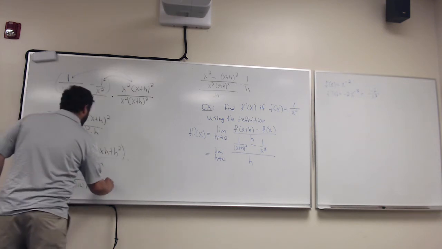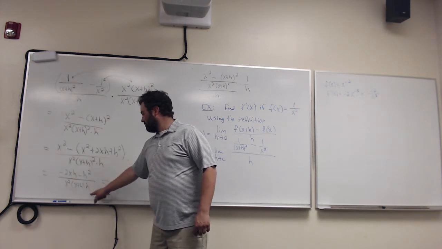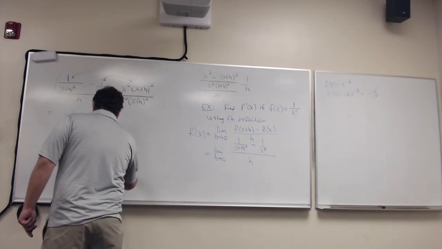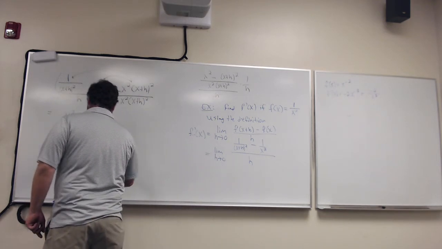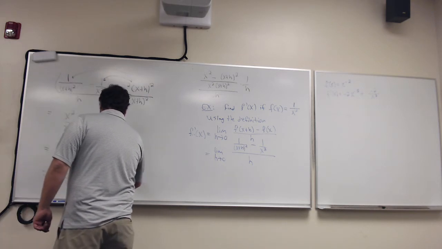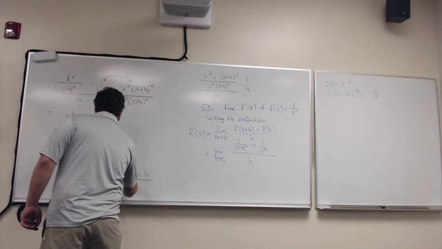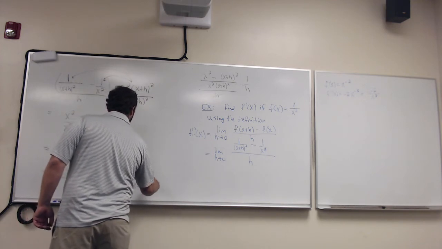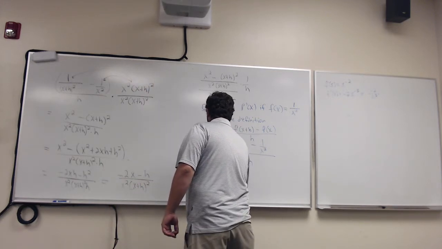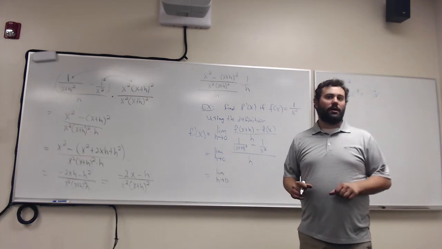And then finally, you can factor an h out of the top and cancel it with this h in the bottom. So after you cancel out an h, you get minus 2x minus h over x squared, x plus h squared. Once you've canceled that h, that means you're ready to take the limit.